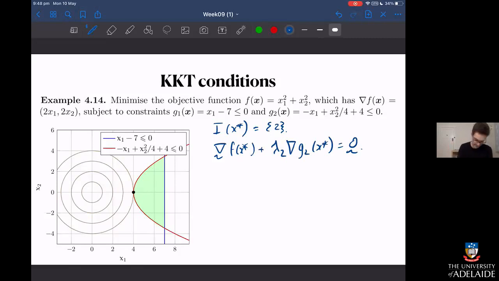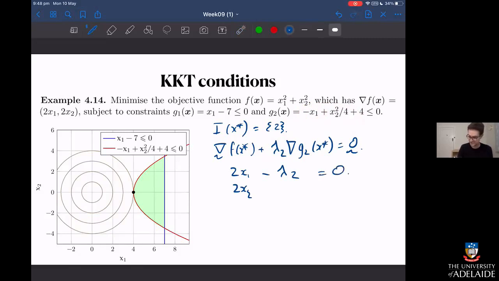So at this x star, the gradient of f is 2x1, 2x2. And then I've got lambda 2 times the derivative of G2 with respect to x1, which is just negative 1, so I'm going to get a minus lambda 2 there. That's going to be equal to 0.